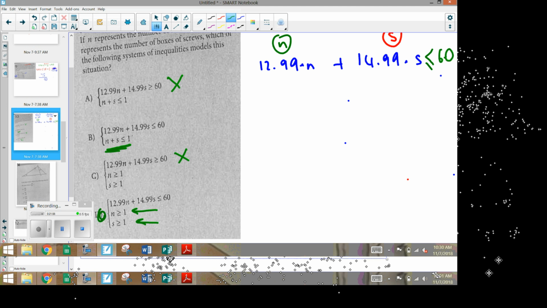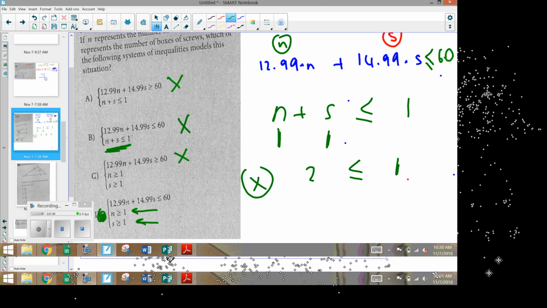So this one doesn't make much sense. But when you look at this, n plus s, what conditions satisfy this? He's supposed to get at least one. But when you do that, 2 is less than or equal to 1. So this is definitely not correct. The right answer is D.